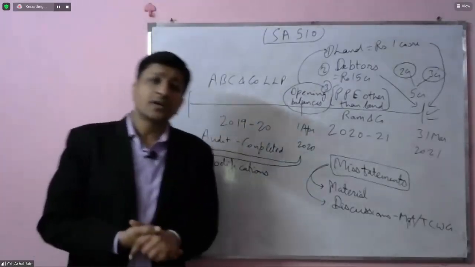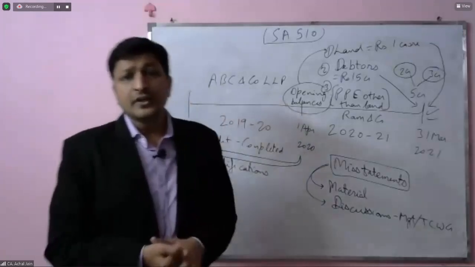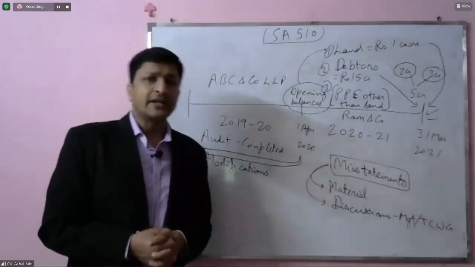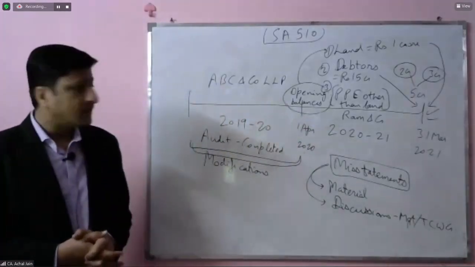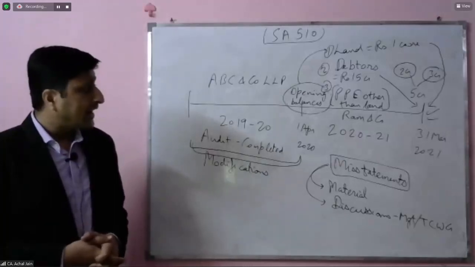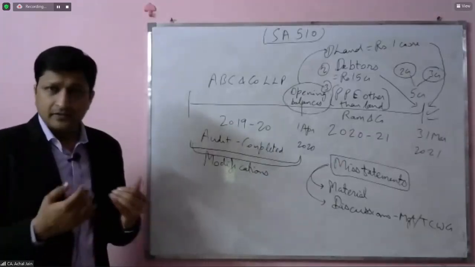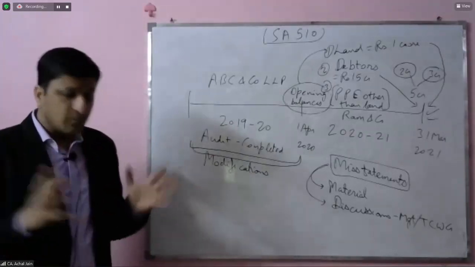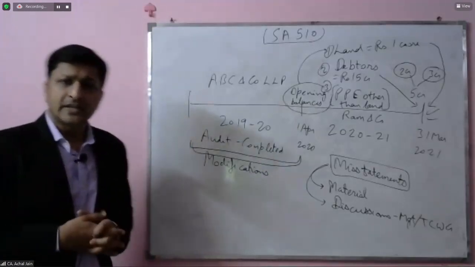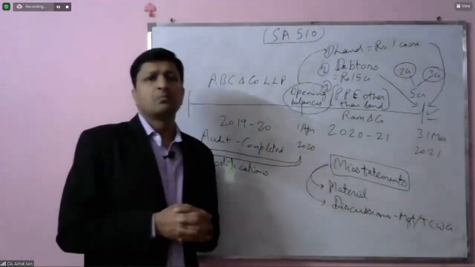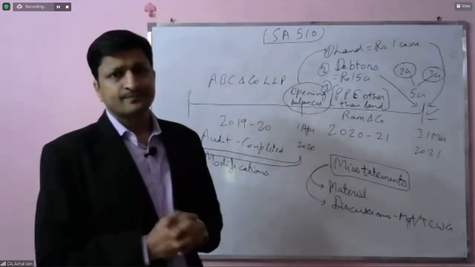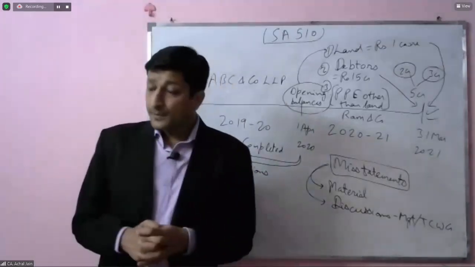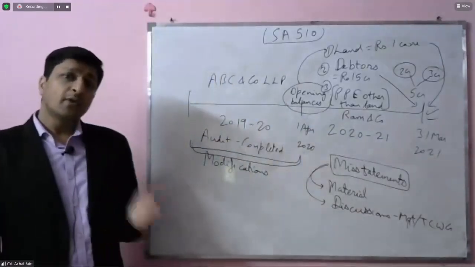And if the new auditor is completely fine in terms of the assessment, and he's fine that there's no need for giving any modified opinion, then he may just remove any of the modifications also. Okay.